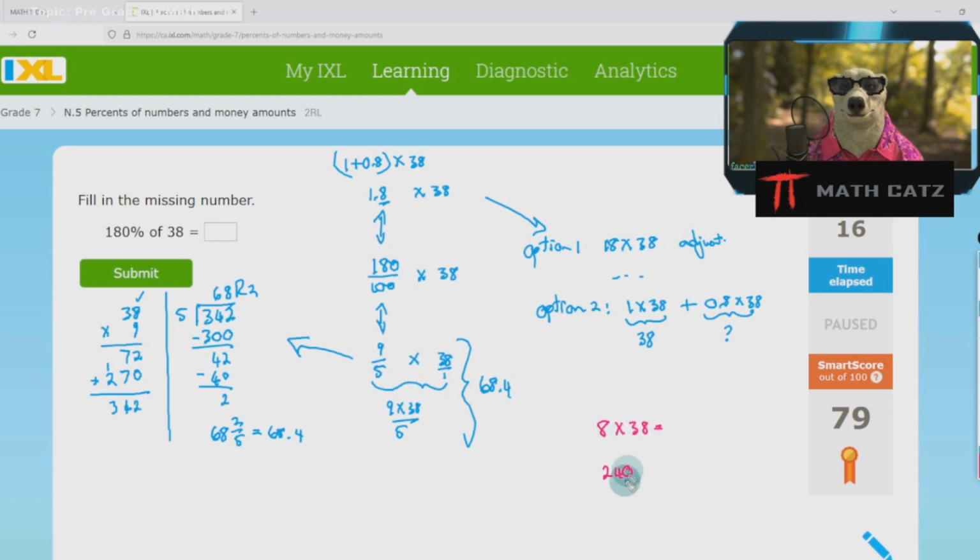And 8 times 8 is 64 for a 304. 304 then needs a little adjustment because I had one decimal place there. I need to move that in. So I will get 30.4. And then when I put these together, that's a fairly simple addition, 68.4.